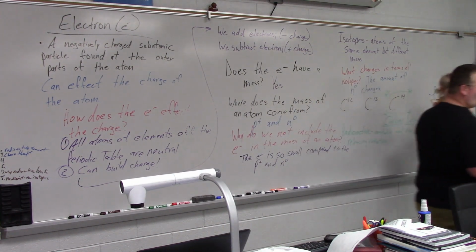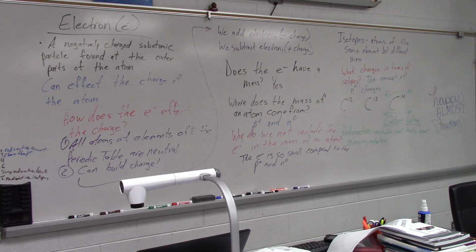It takes 1,000 electrons to add up to give us the mass of one proton or one neutron. That's how small they are. So, yeah.